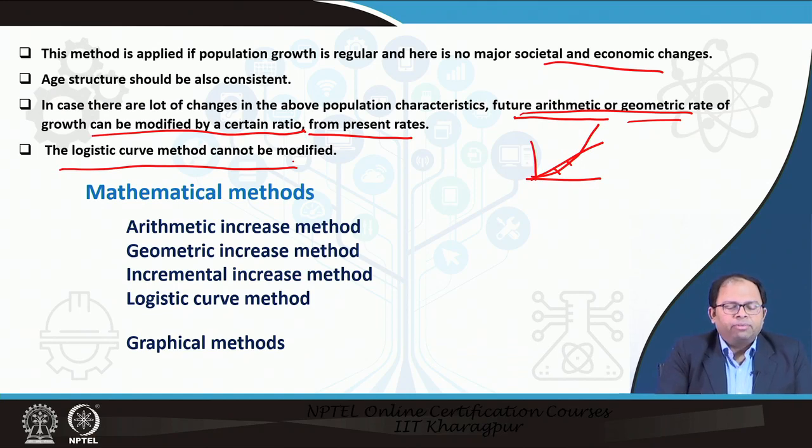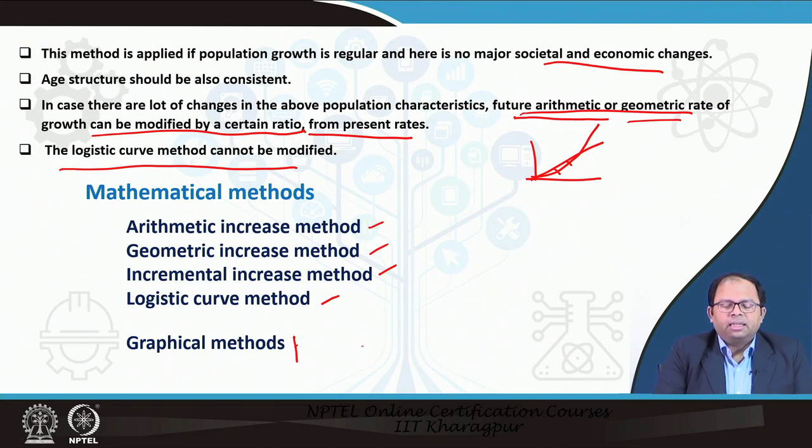So, in mathematical methods, we have several sub methods: arithmetic increase method, geometric increase method, incremental increase method, logistic curve method, and graphical methods, which are not arithmetic methods but almost could be, because it is done manually using graph paper.